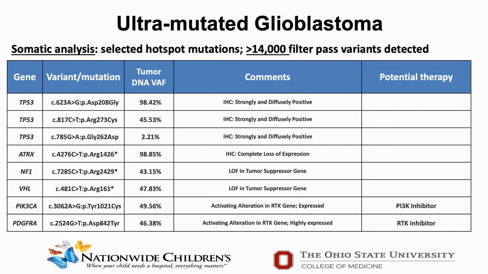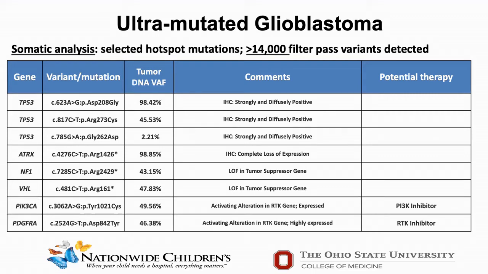And that's not terribly surprising when you look at the fact that this is an ultra-mutated tumor. There are over 14,000 pass filter variants detected in this patient's exome, some of which are in cancer genes, again, above and beyond mismatch repair, as you can see on the chart below, and were also validated with immunohistochemistry in some cases.